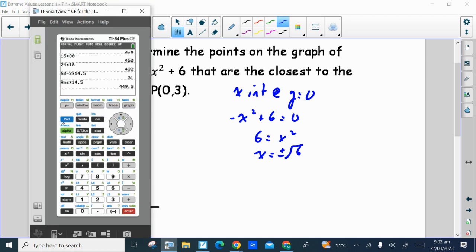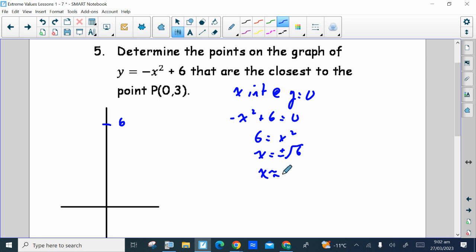which is 2 point something, I think. Yeah, 2.4 approximately. I mean, we don't really need to know what those are.